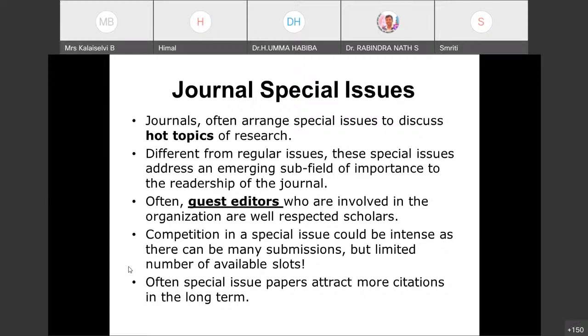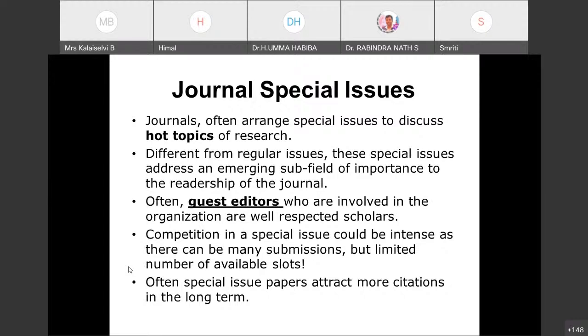So basically what some of the journals do is that they organize these kind of special issues, and they invite researchers to submit papers. The editors in a special issue are called guest editors, and the people involved in this guest editorial board are well-respected scholars on that particular topic.